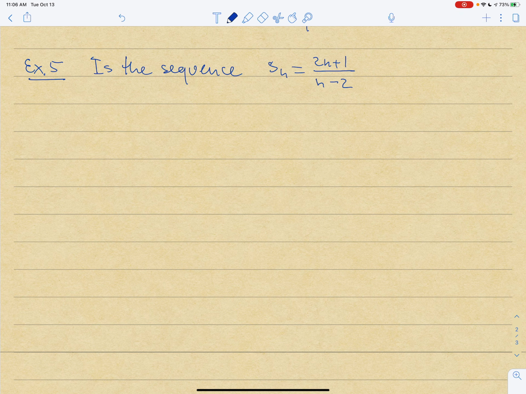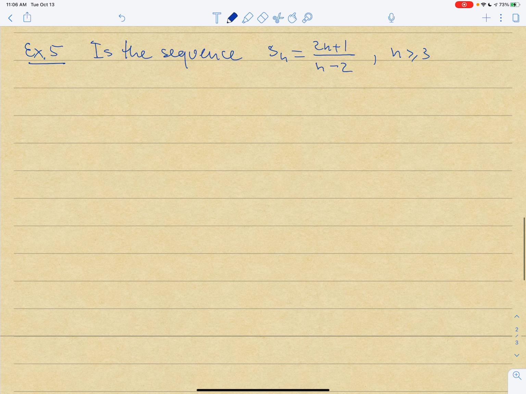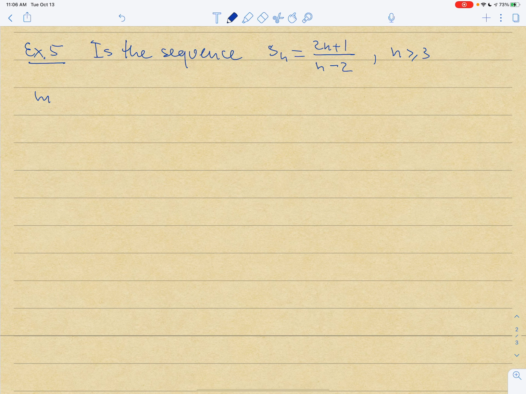By the way, in this case, n obviously cannot be equal to 2, so it means that I have to start the sequence from n equal to 3. So n greater or equal than 3. Is the sequence monotone?